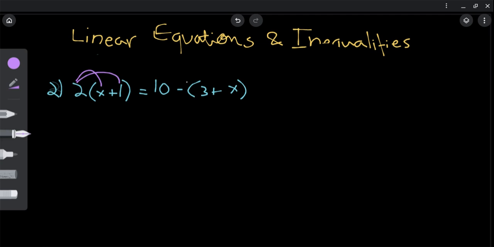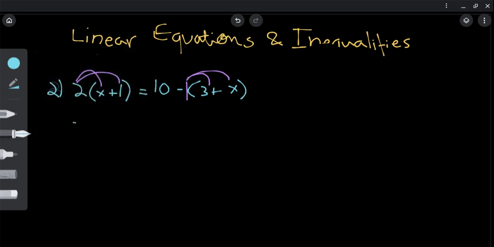And we're going to multiply our invisible 1 over here. So it's not 10. Remember, there's a 1 over here. So 3 is going to be multiplied by negative 1, and x is going to be multiplied by negative 1. I know. So now we're going to rewrite it expanded.